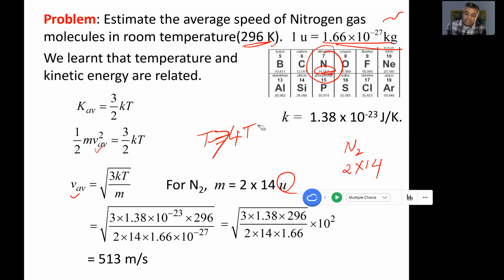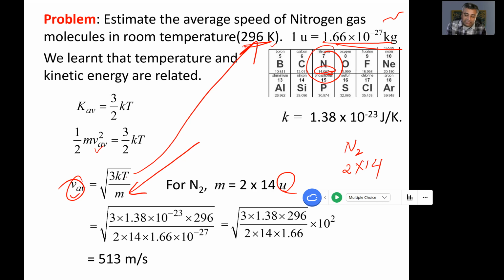Now, if you want, let's say, average speed of oxygen, what do you do? See, for the same room temperature, you can keep that same thing. What changes? Just mass. And oxygen is O2. And we know oxygen has mass around 16. So it's going to be 16 times 2 u, but in terms of kilogram, it's going to be 1.66 times 10 to the power negative 27 kilogram.